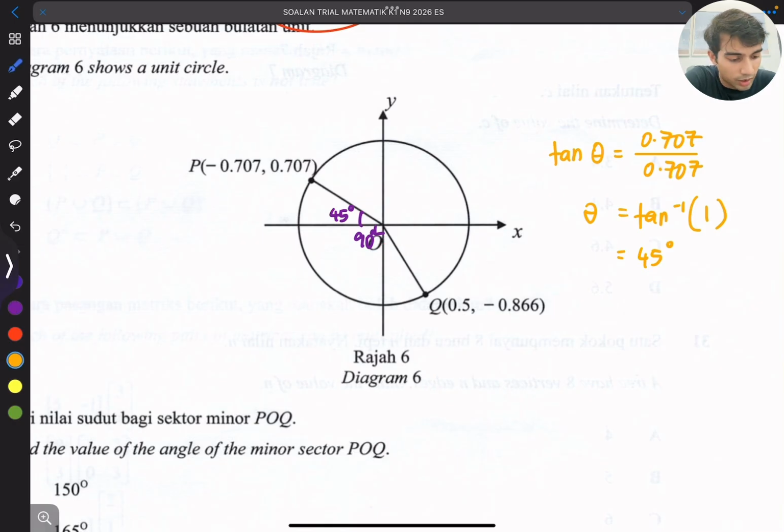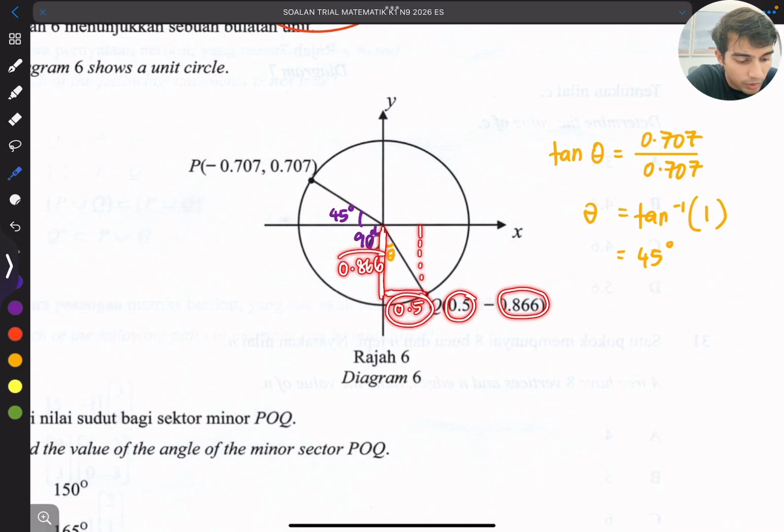Same thing, we draw a triangle here. We need to find this theta. Here our x value is 0.5, that means this is 0.5. Y value is 0.866, that means this length is 0.866. So opposite over adjacent. Because from the theta here, this is opposite.